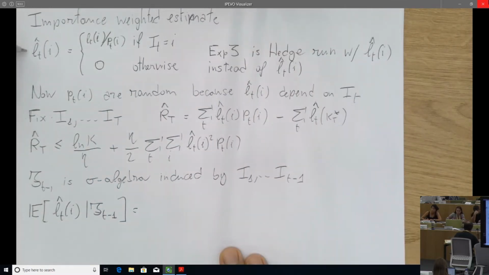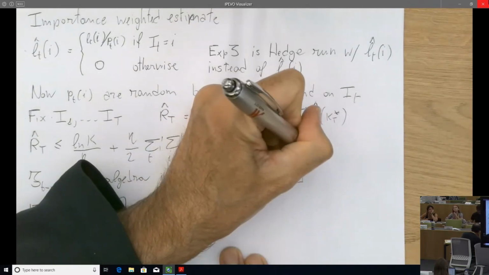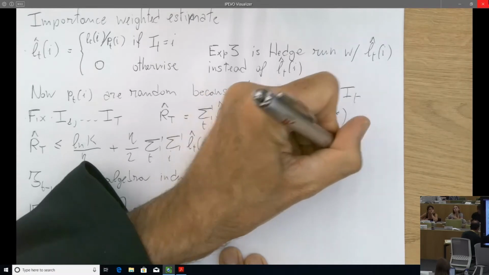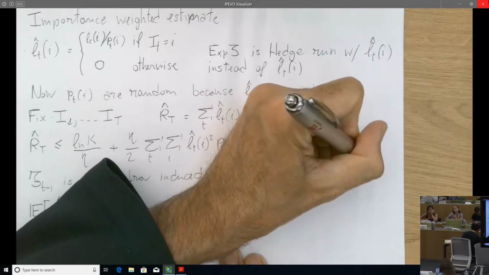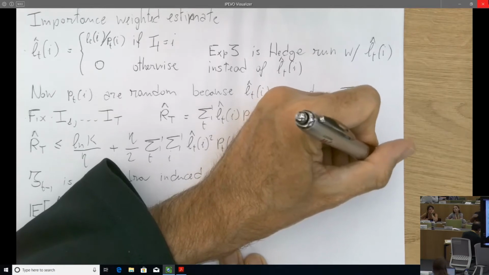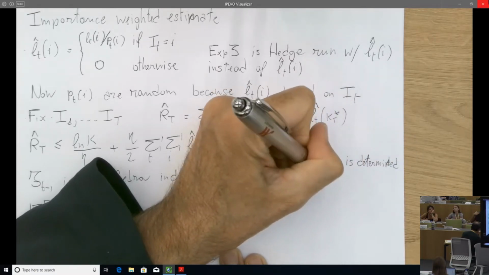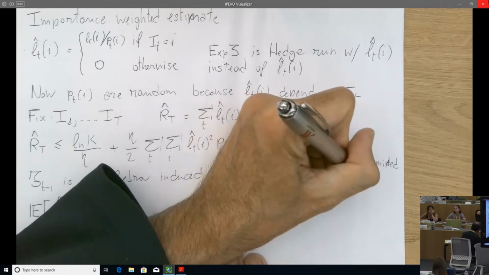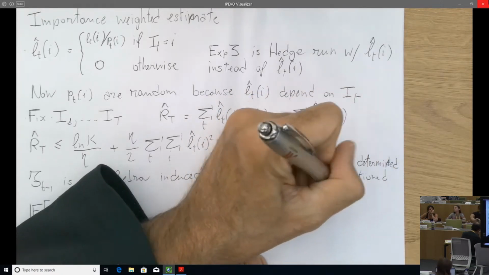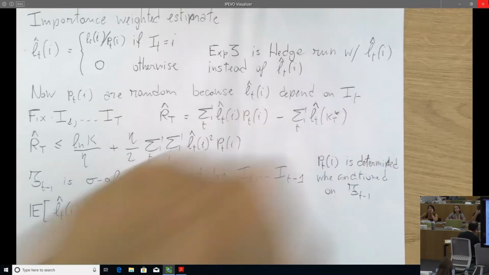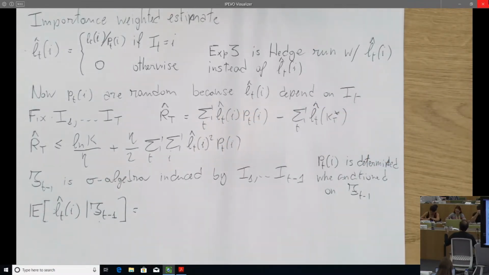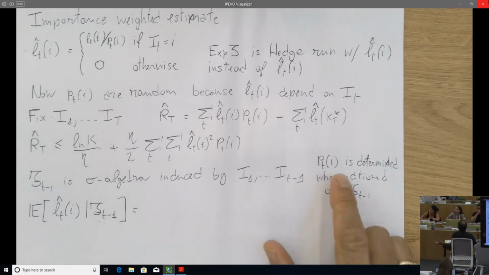Oh, it's up here. Okay, so I did the conditioning. Why did I do the conditioning? Because if I condition on the past random choices of the algorithm, the probability becomes determined.